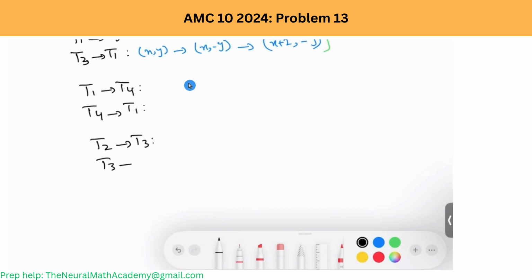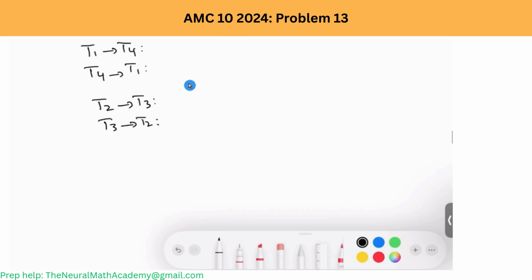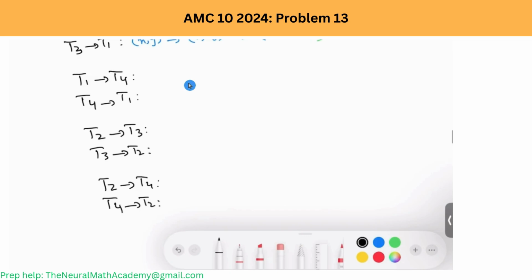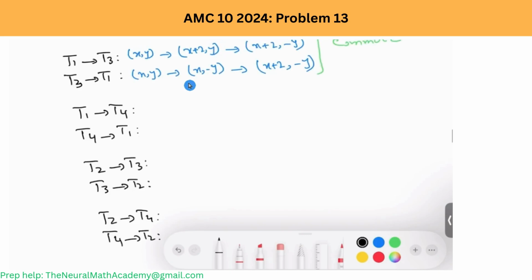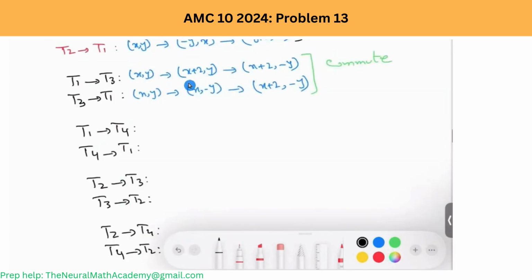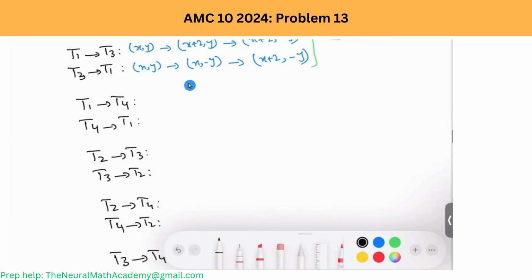And then you'll also check T2 to T4 and T4 to T2. And how many pairs do we have? We have 5 pairs, so the remaining pair is T3 to T4 and also T4 to T3. So these are all the pairs that you have to check.